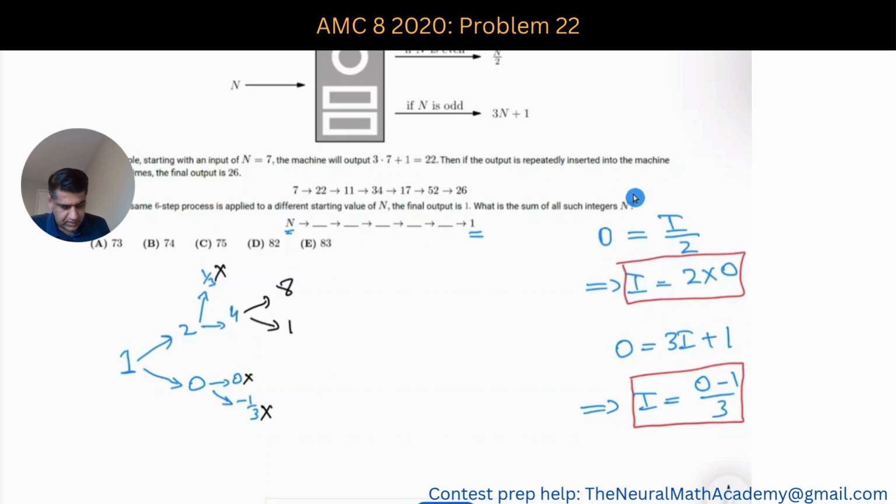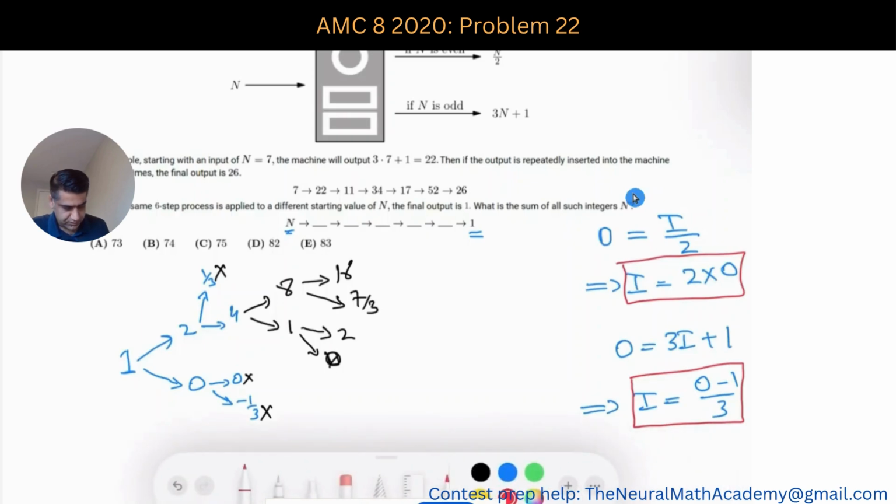So in the next step, now if I apply again, I get 16, and then I get 7 over 3, and for 1 I have 2, and I have 0. So this is again not possible, so I will keep these two.